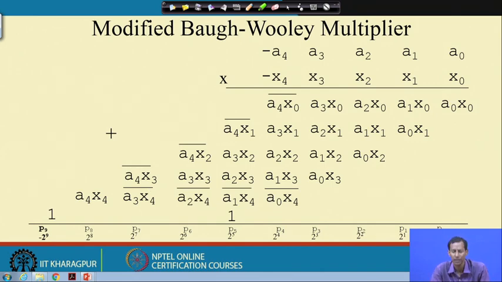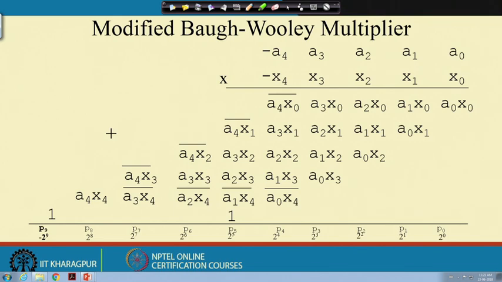Now, you can use any tree structure for addition of each of these operands or multiples, or for each stage you can use a carry propagate adder or any fast adder to sum up all these partial products. To obtain the final product, you can add these partial products in your own way.